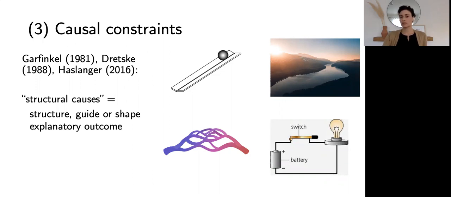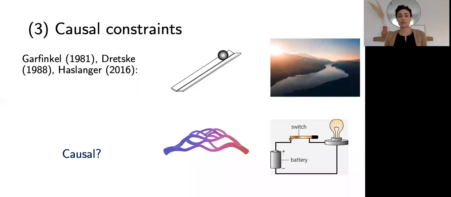Now, a first question to consider with this type of example is, are these factors really causal? Similar to our law-based and mathematical constraints, these factors are going to dictate which outcomes of a system are off limits and which are actual possibilities.